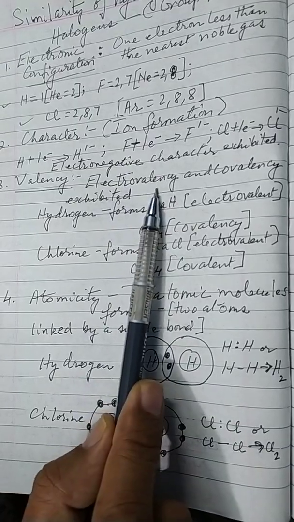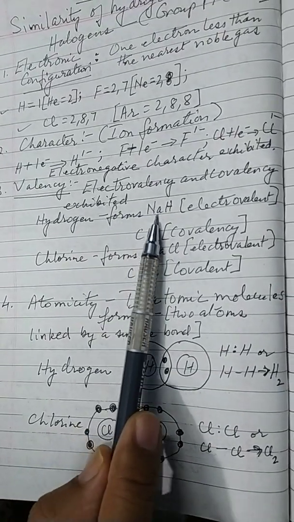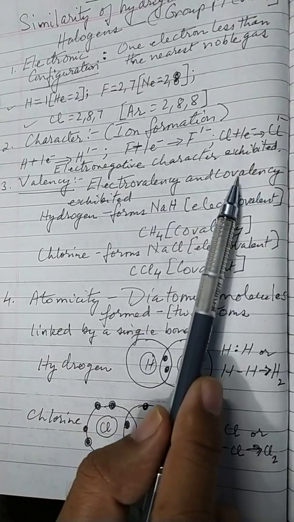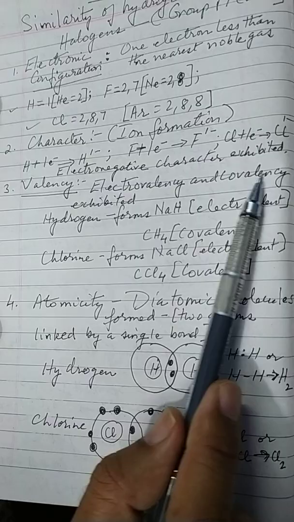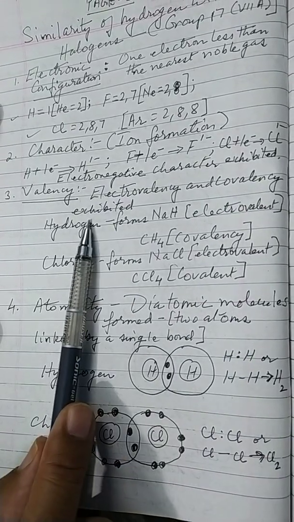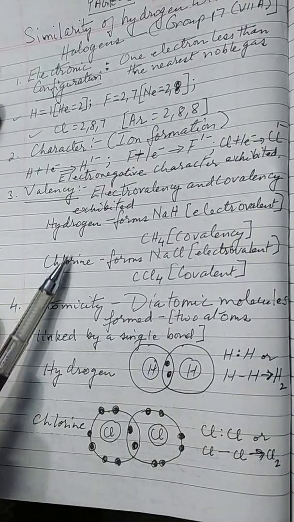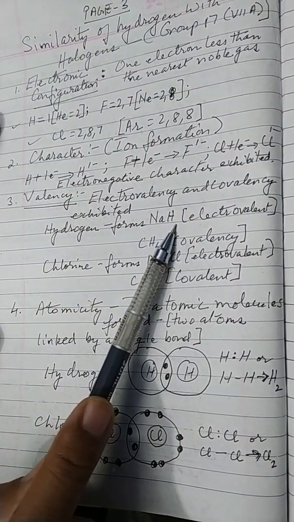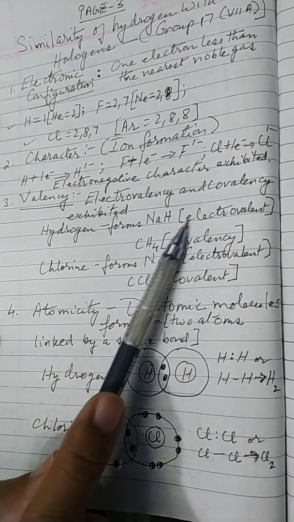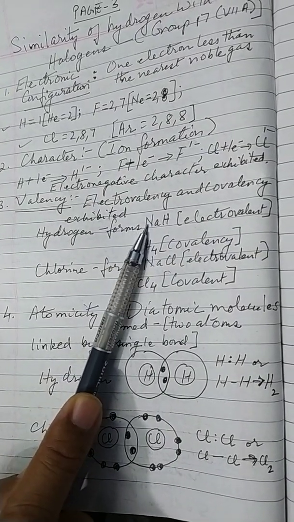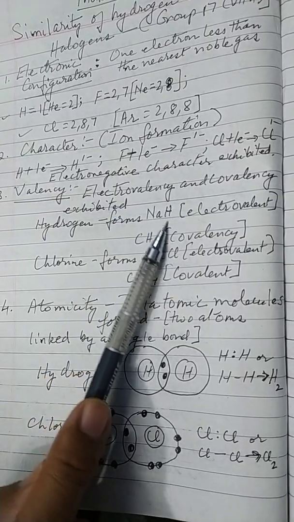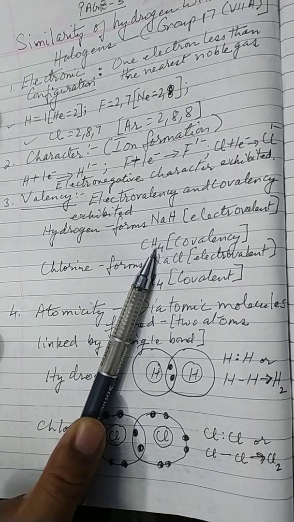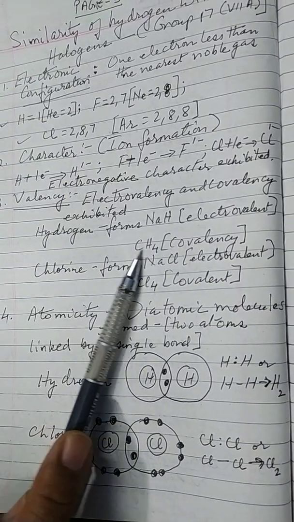Electrovalency happens by transfer of electrons from one atom to another, whereas covalency, if you remember, children, happens by sharing of electrons between atoms. Now, electrovalency and covalency are shown by hydrogen. Let us look here. Hydrogen forms sodium hydride, which is an electrovalent compound. Sodium transfers 1 electron to the outermost shell of hydrogen. Likewise, we see that here hydrogen is showing covalency.